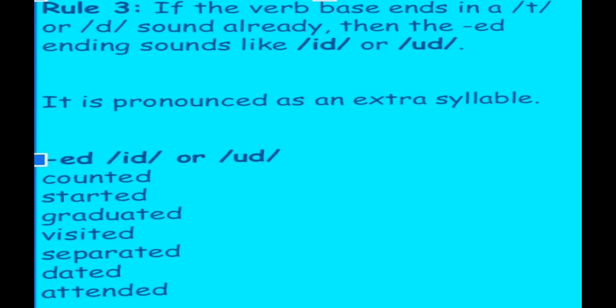Examples are counted, as you hear the T in the word counted, started, graduated, visited, separated, dated, attended.